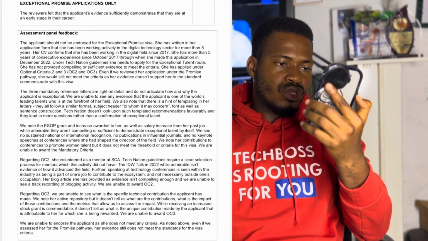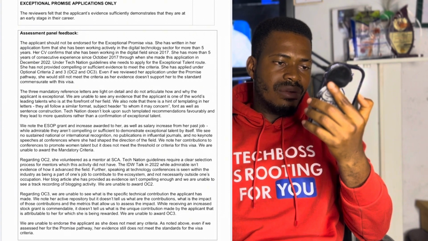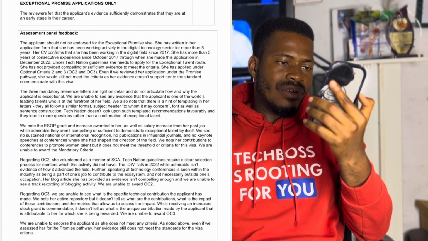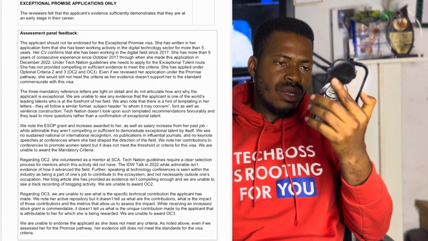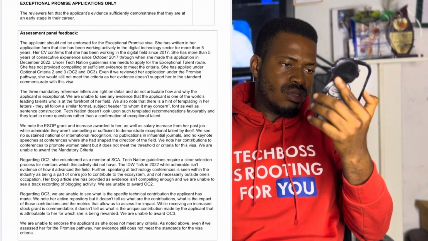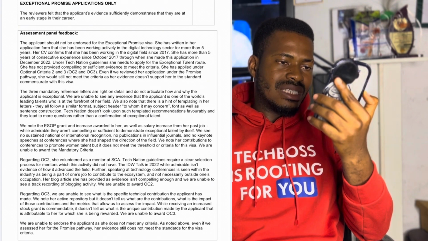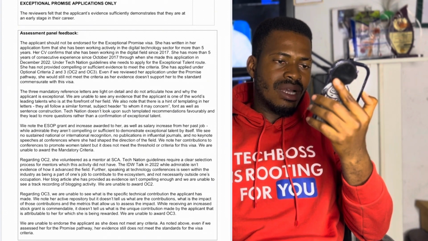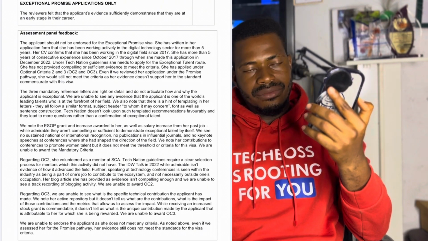We see no sustained national or international recognition, no publications in influential journals, and no keynote speeches at conferences where she had shaped the direction of the field. We note her contributions to conferences to promote women talent, but it does not meet the threshold or criteria for this visa. We are unable to award the mandatory criteria.